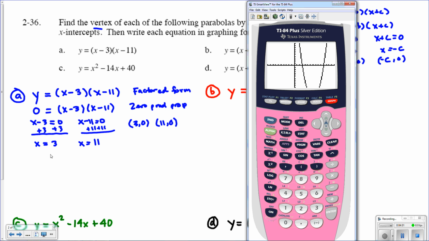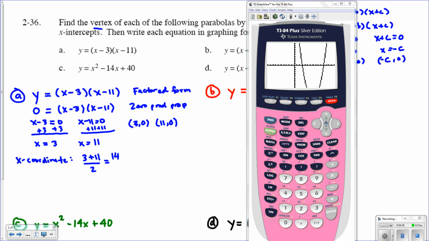So if we take our x-intercepts, 3 and 11, we can get the x coordinate of the vertex by averaging them. So we're going to do 3 plus 11 divided by 2. 3 plus 11 is 14. 14 divided by 2 is going to give us 7, which means that h is going to equal 7 in this case.